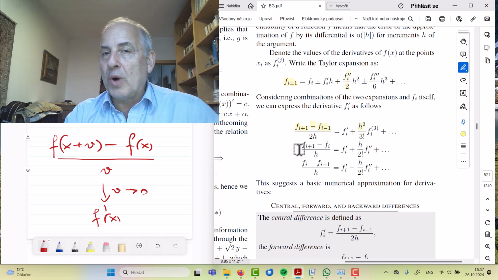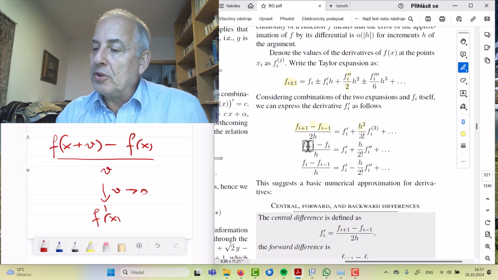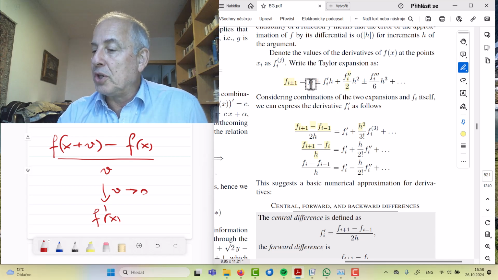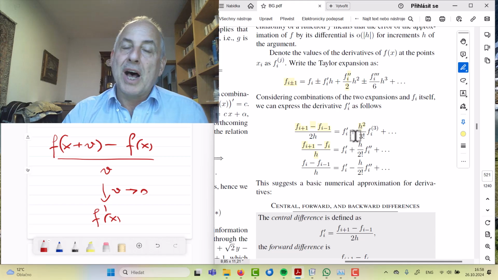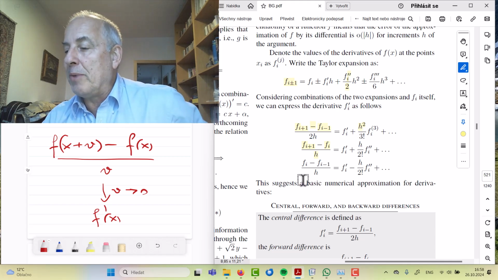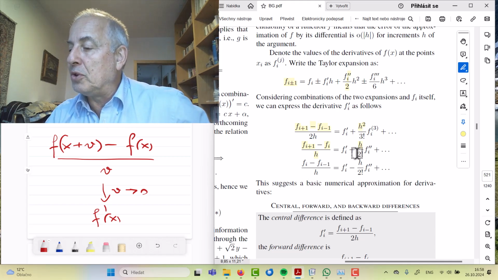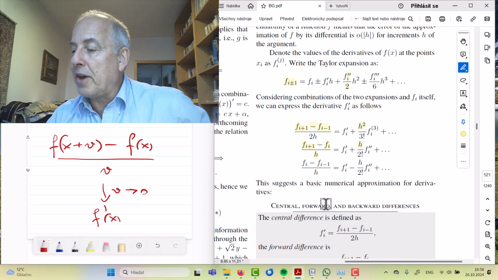Whereas if we do only one-sided differences, so f_{i+1} minus f_i, then you see it will just be f_i' as always, but then already the second term stays there because we subtract only f_i, right? So this is subtracted and all the rest stays. So you see that it's just one order worse asymptotic approximation. It's here coming with h, not h squared.